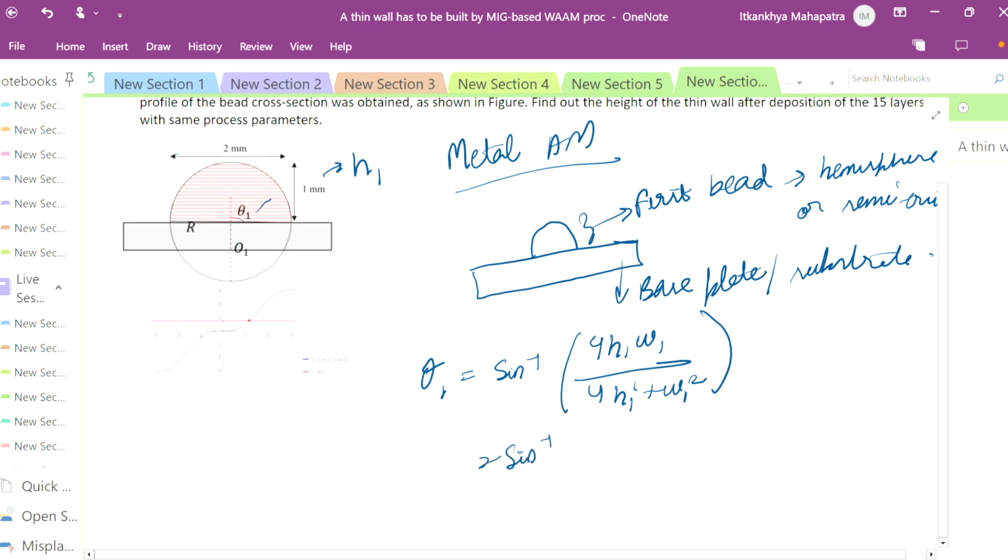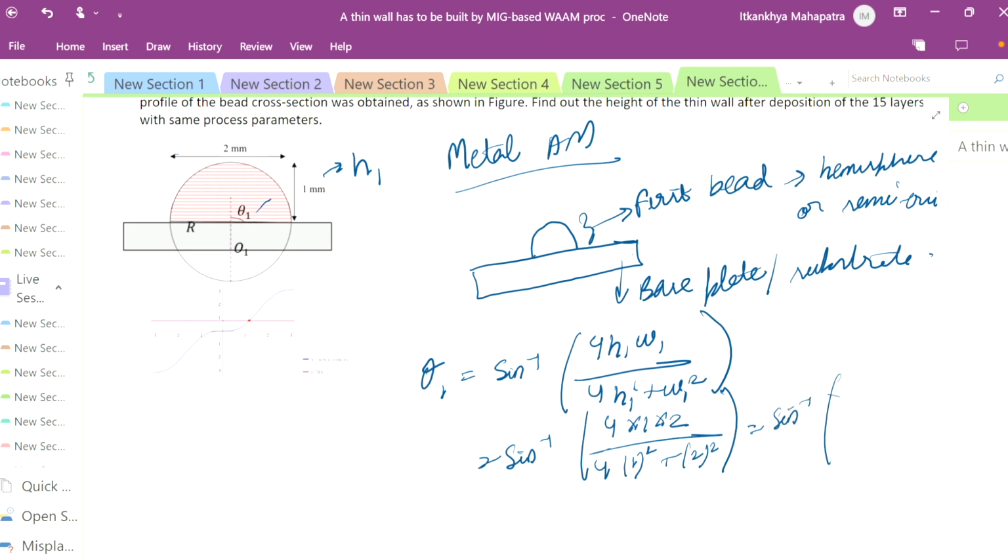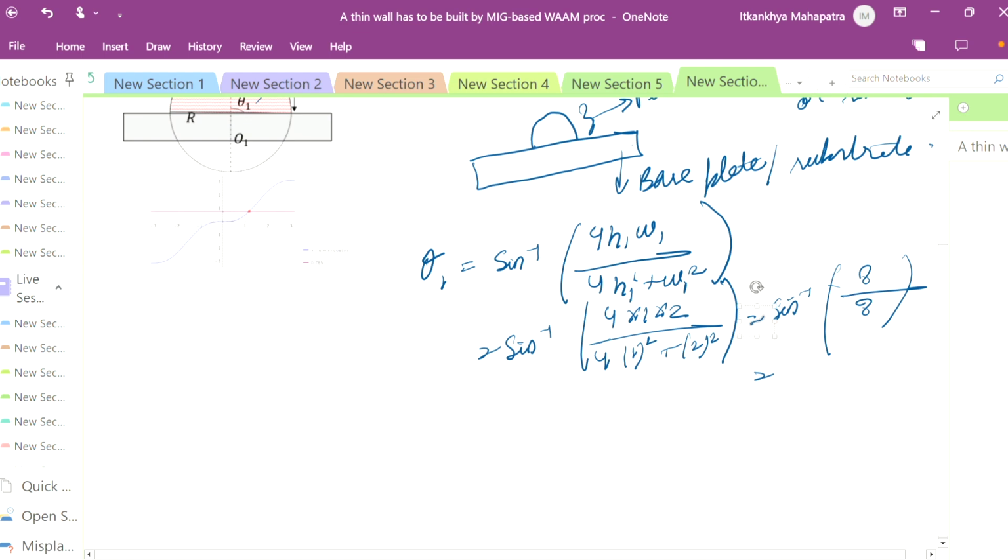So it will be sine inverse of 4 into 1 into 2 by 4 into 1 squared plus 2 squared. This becomes sine inverse of 8 by 8, which is sine inverse 1, and in short it will be pi by 2, or 1.751 radian. This is your theta 1.